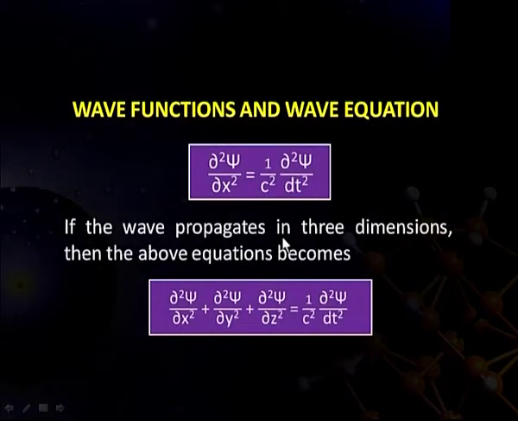If the wave propagates in 3 dimensions, then the above equation becomes del square psi upon del x square plus del square psi upon del y square plus del square psi upon del z square is equal to 1 upon c square into del square psi upon dt square.